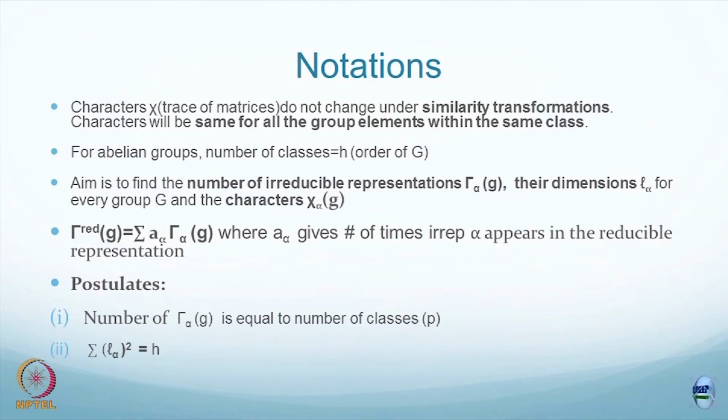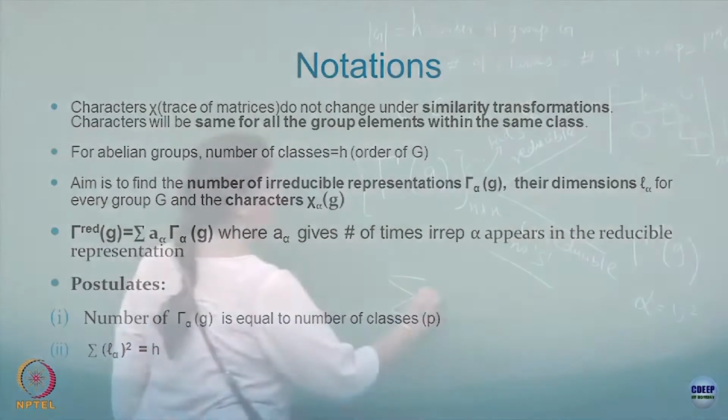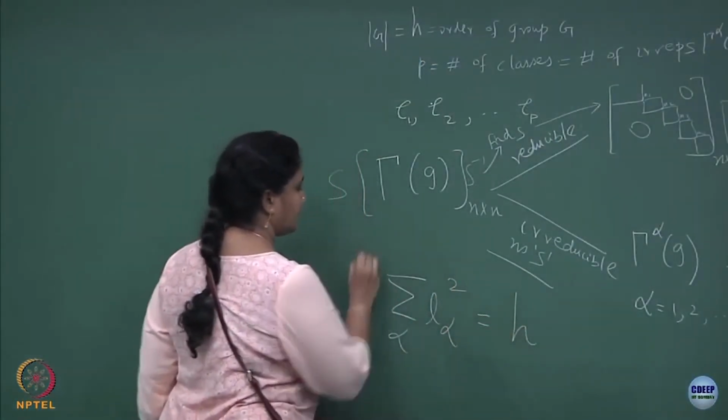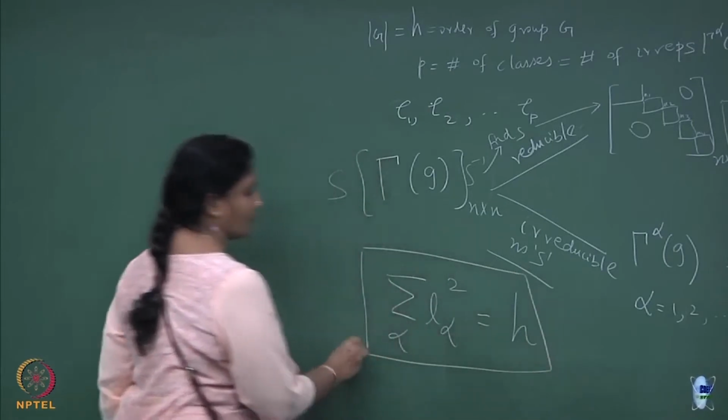Postulates were, the first postulate I have already written here, that the number of classes is equal to the number of irreps, and then I have one more property which is summation over alpha of L alpha squared equal to the order of the group. Okay.